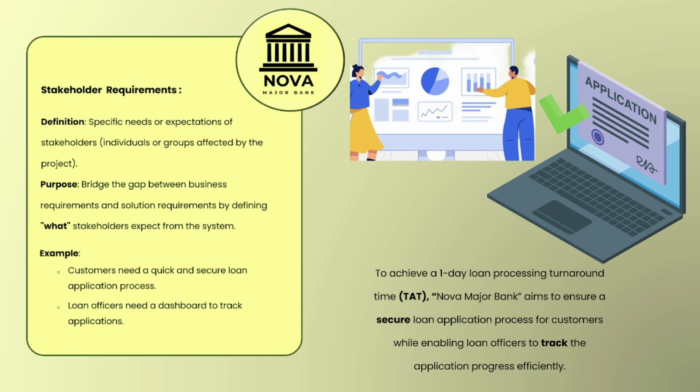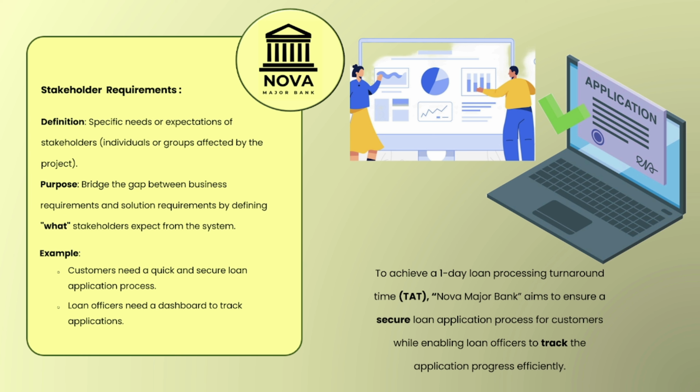Stakeholder requirement. It is the specific needs or expectations of stakeholders. A stakeholder may be an individual or a group affected by the project. What exactly does a stakeholder requirement do? It bridges the gap between business requirement and solution requirement by defining what the stakeholder expects from the system.